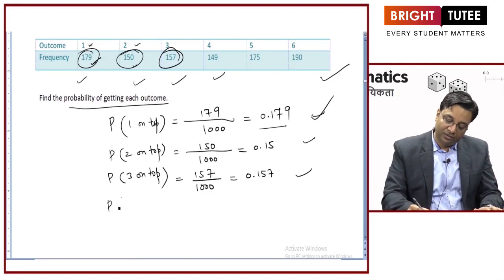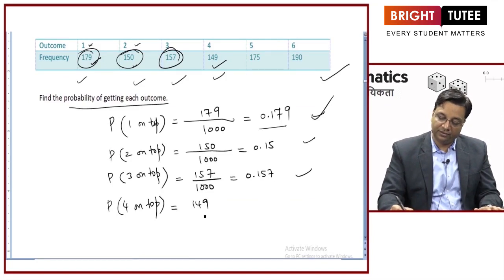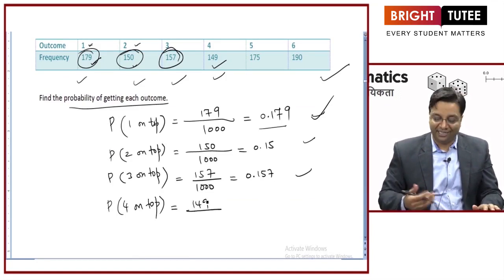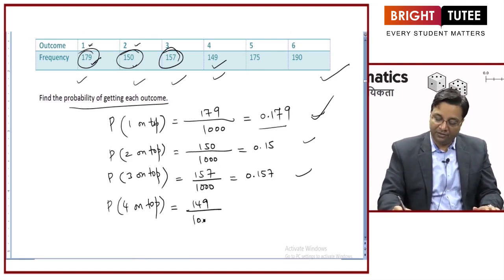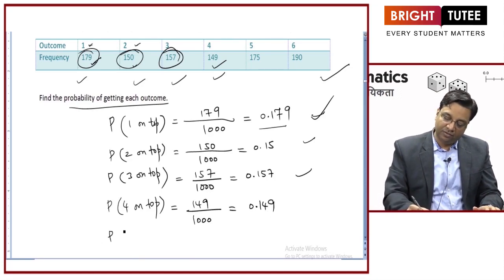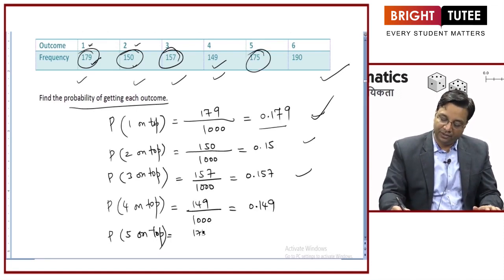So probability of 4 on top is equal to 149, which is the number of times it came on top out of those 1000 throws, divided by 1000. So it will be 0.149. Probability of 5 on top will be 175 divided by total 1000, 0.175.